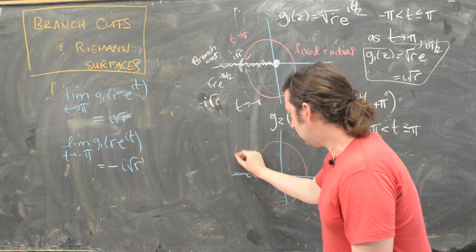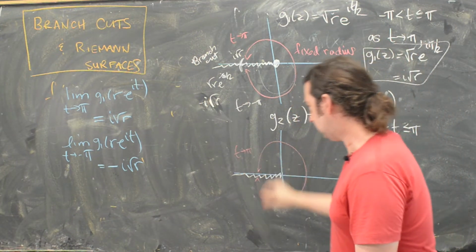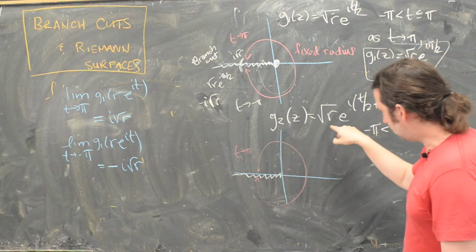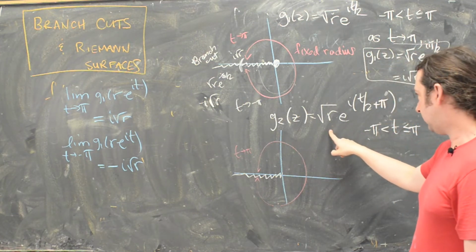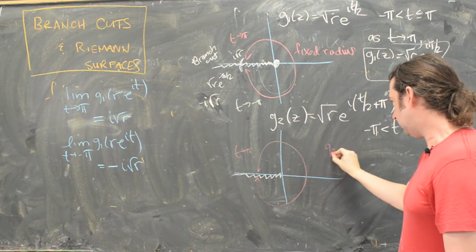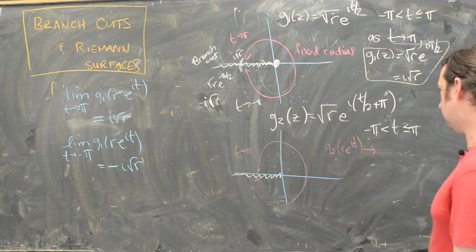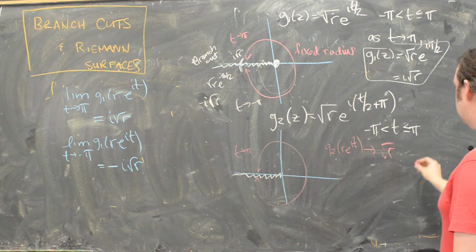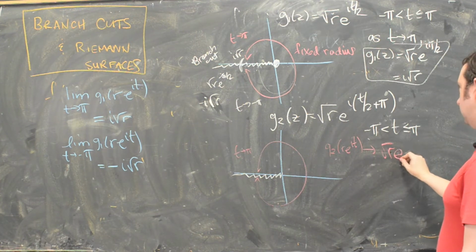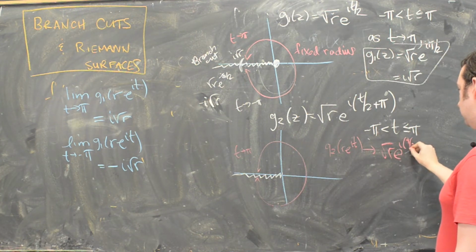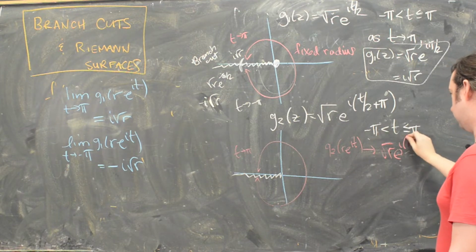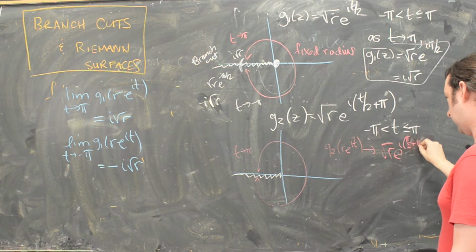And here, as I let t approach pi, if you put that into this definition, you end up with g2 of r e to the it approaching the number root r e to the i (t over 2 plus pi).